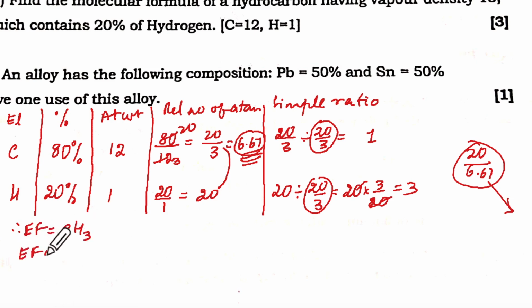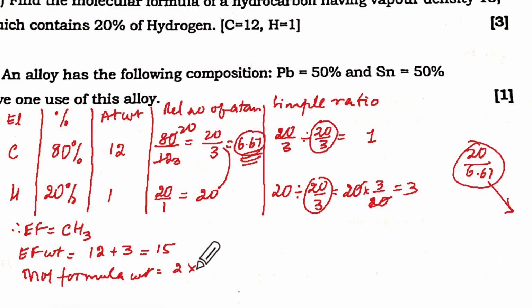So our empirical formula weight, in the exam you have to write the full form of this, okay? I am writing it very, very fast, and then you will have molecular formula weight, which is going to be 2 into vapor density, which means it is 2 into 15, which is 30, but I'm not using that. So N will be equal to the molecular formula weight upon empirical formula weight.